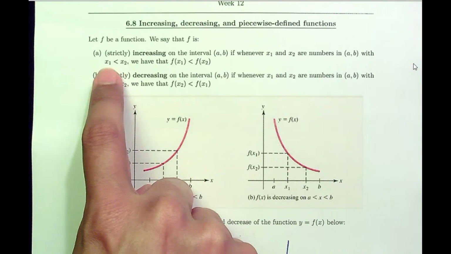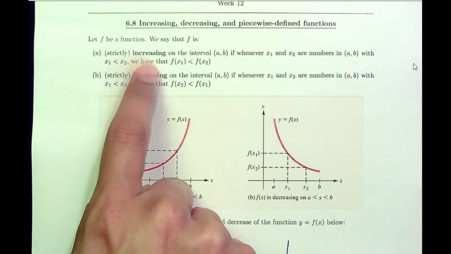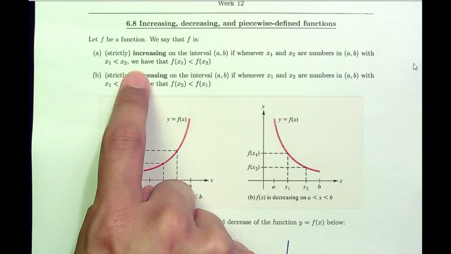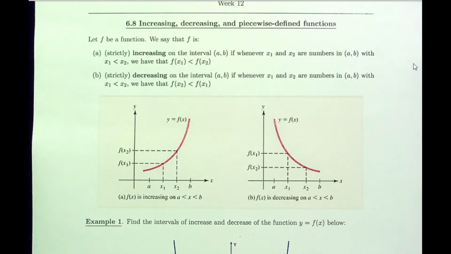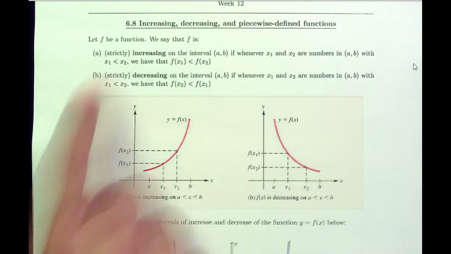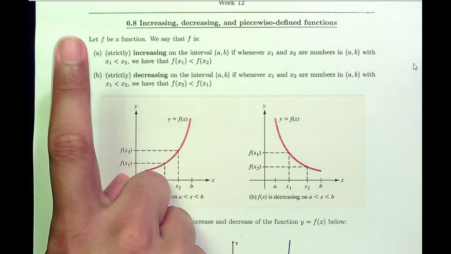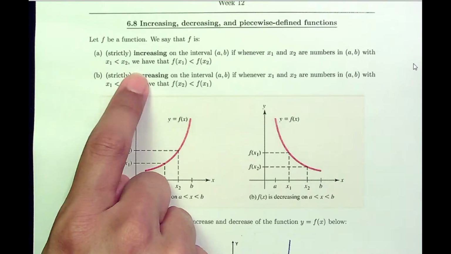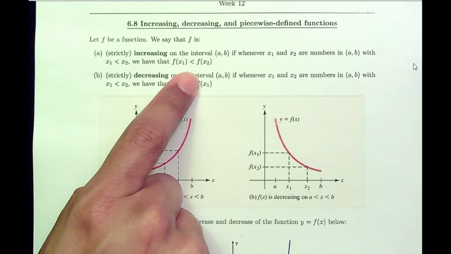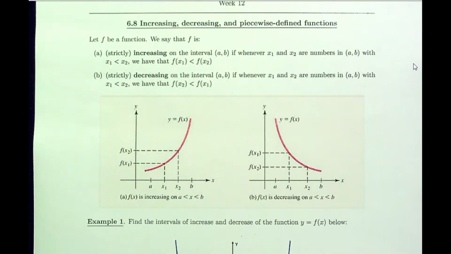So if the function is increasing, you can put f on both sides of this inequality, and the inequality will not be reversed. It is preserved. If x1 is less than x2, you can put f on both sides, and it will be a true statement.